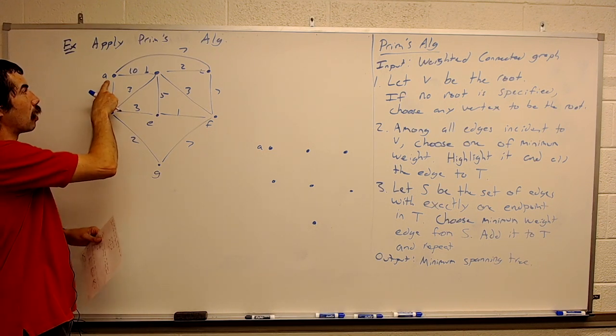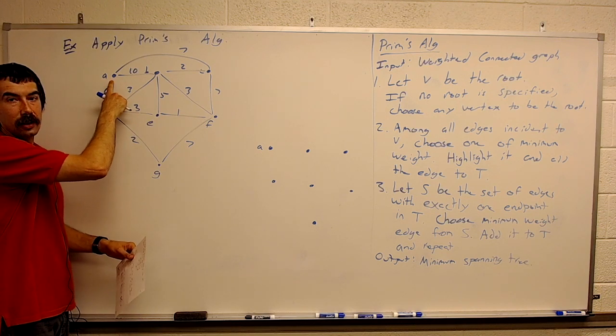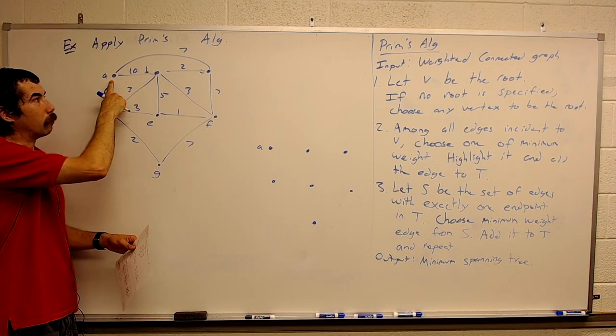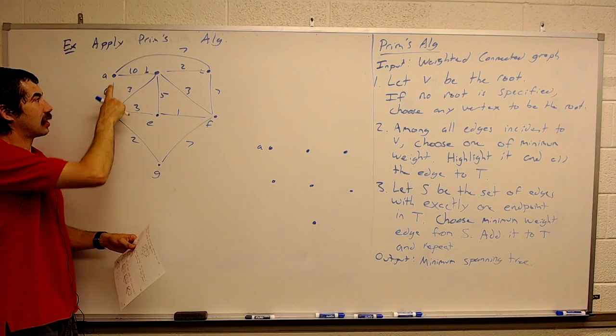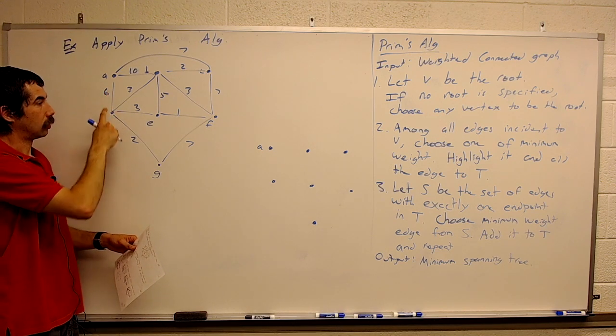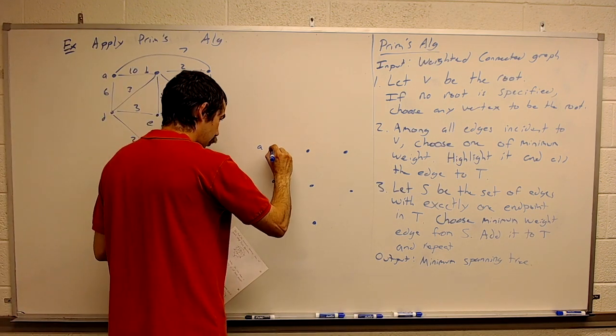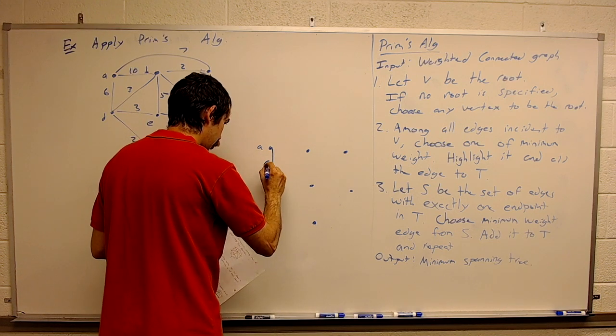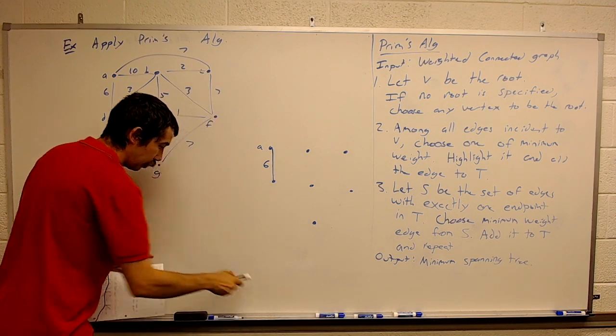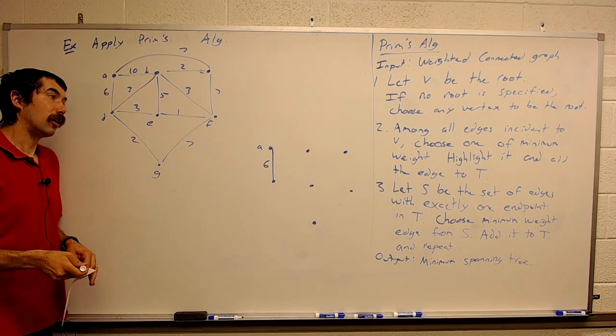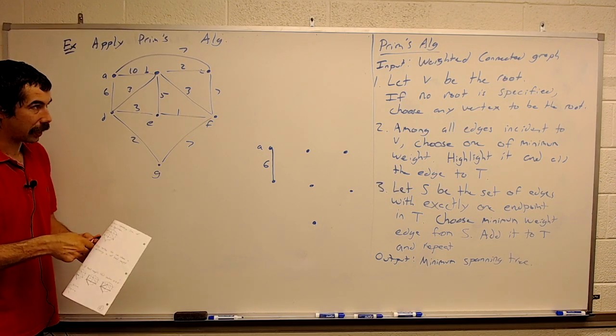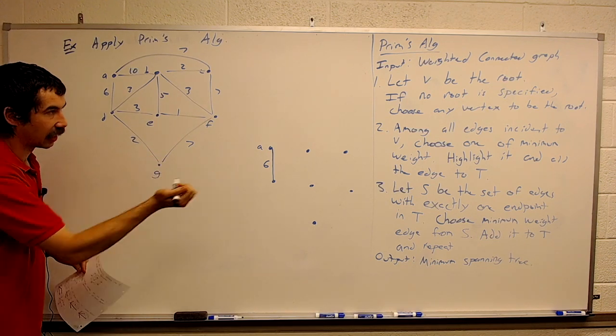Okay, so out of all of the edges that come out of A, which one's the shortest? That is this edge. All right, so we're going to include this edge. I'm going to also draw on our original graph just so we could kind of get a sense of this S set that we're talking about.